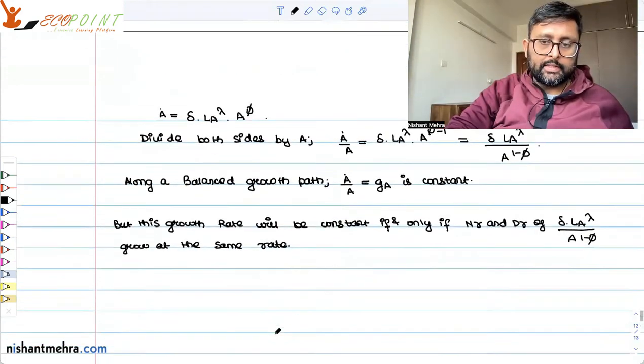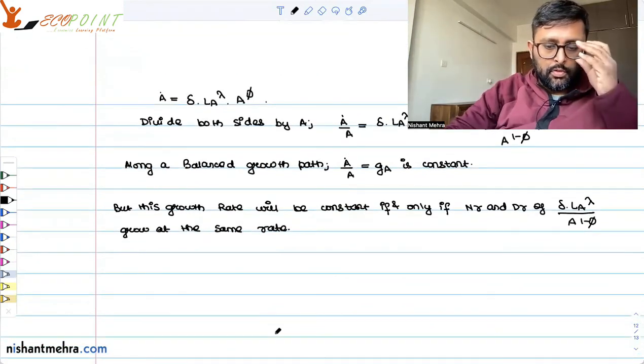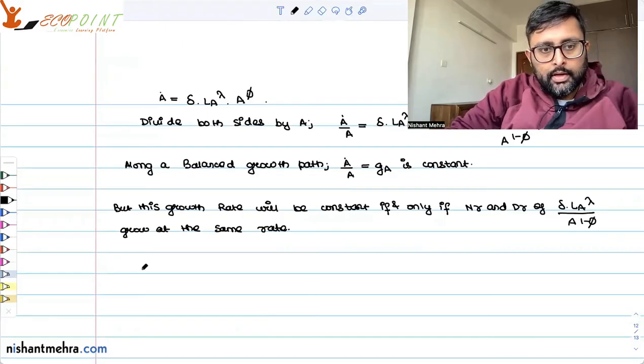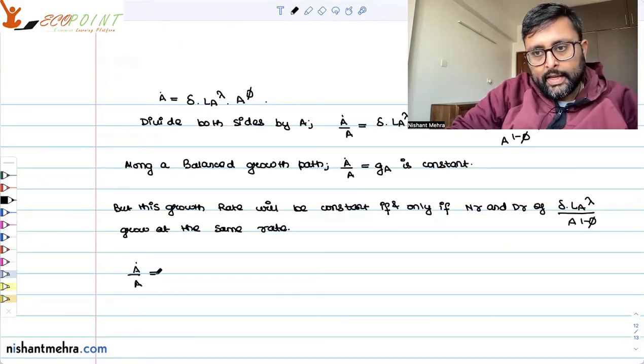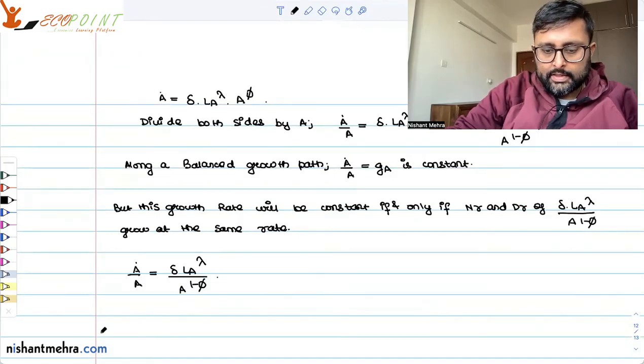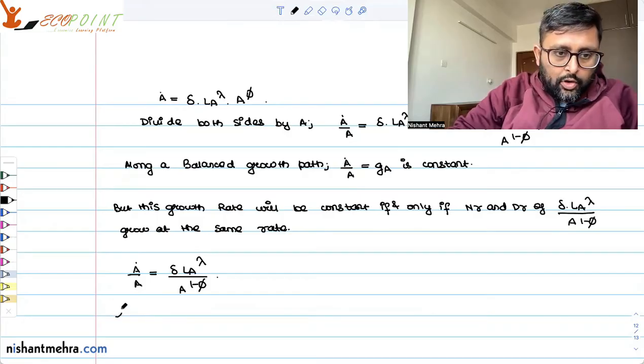So what happens is, let me just write this again. A dot by A is delta L_A to the power lambda whole upon A to the power 1 minus phi. Let me take log of both the sides.